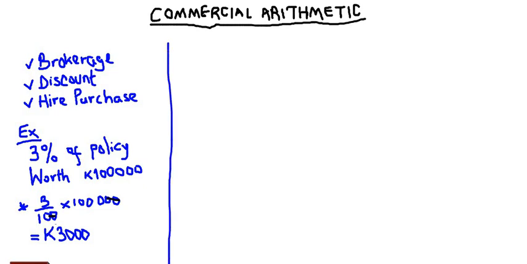Then if we look at discounts, discounts are also calculated in the same way, either in terms of amounts or in terms of percentages. For example, if a car is being sold at 80,000 kwacha, then the customer negotiates for a 2% discount.